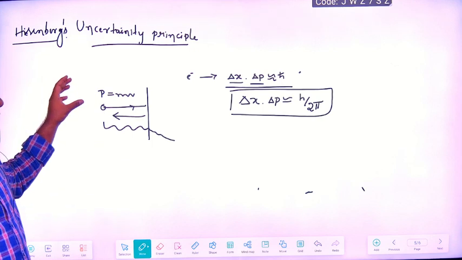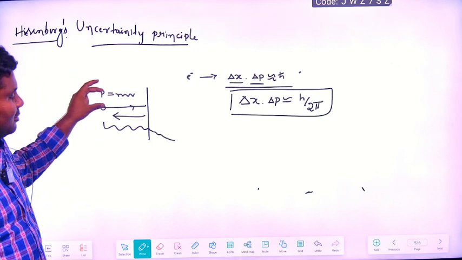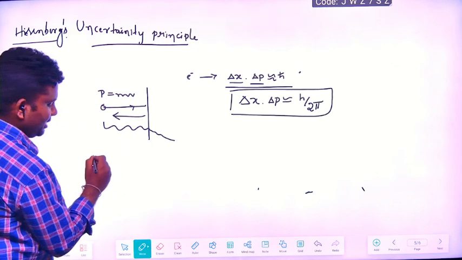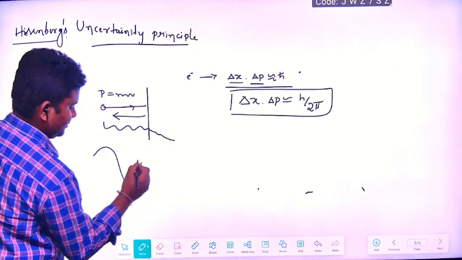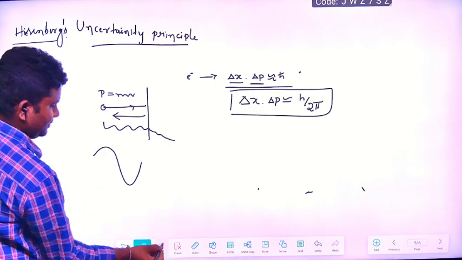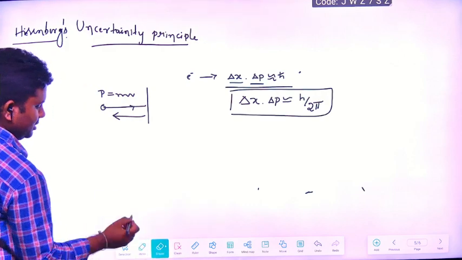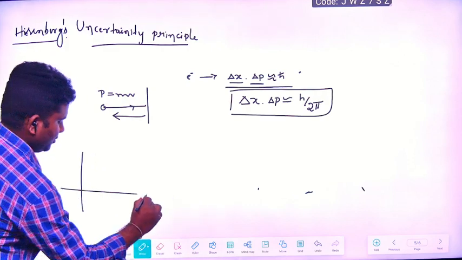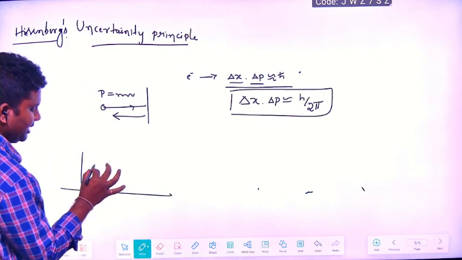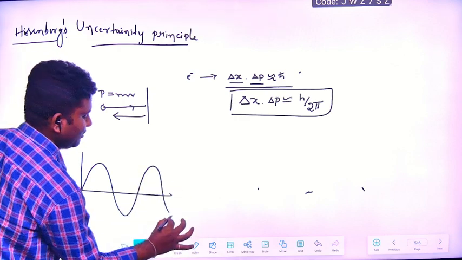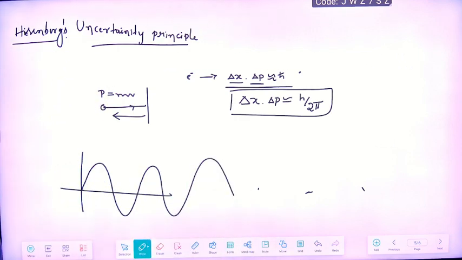Now, for particle and wave, we can write, for example, a wave is going like this. You know, right, the wave starts like this and goes on. It is a sine wave I am taking.